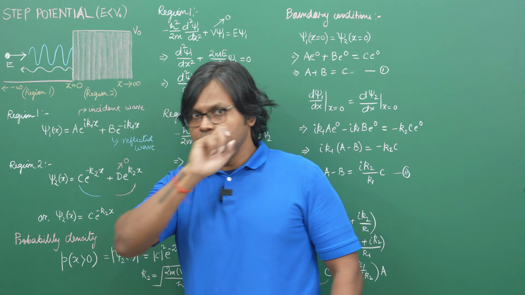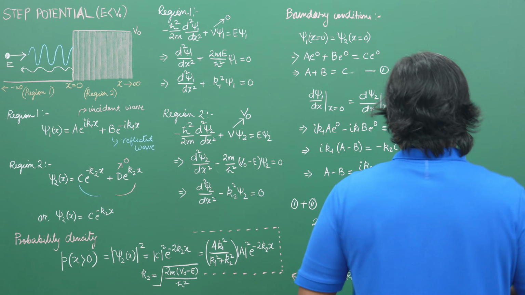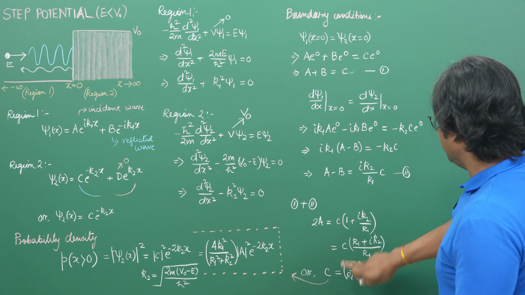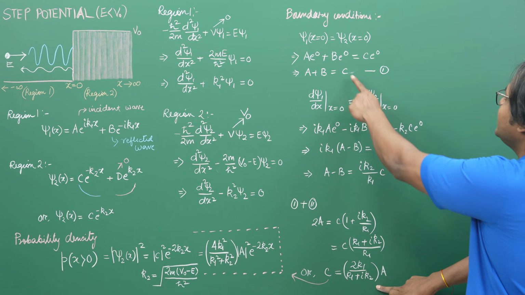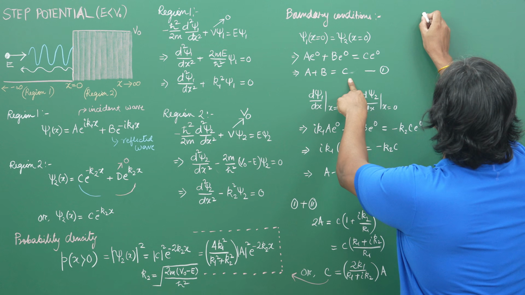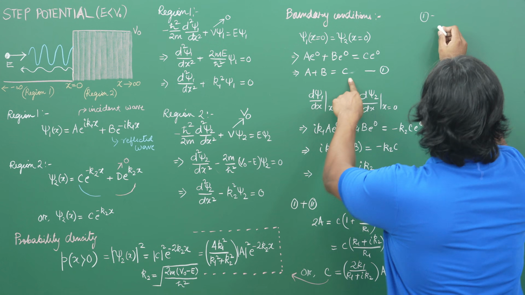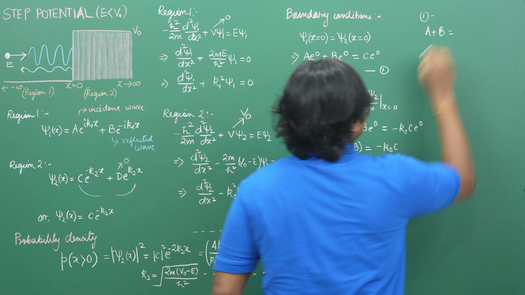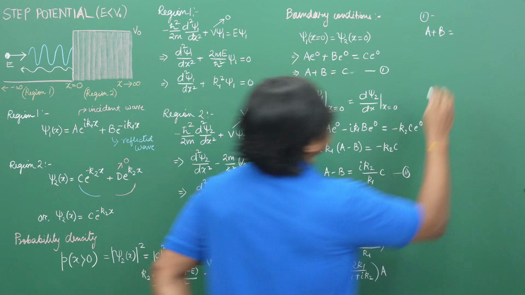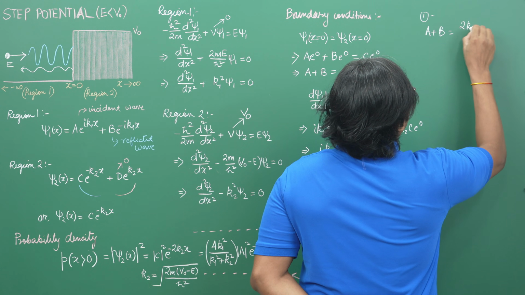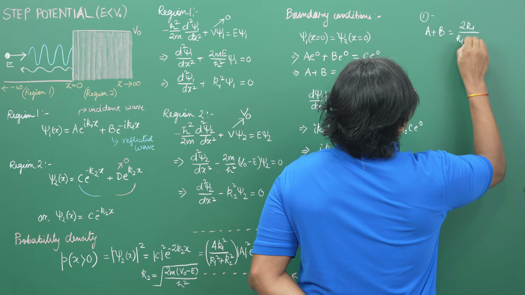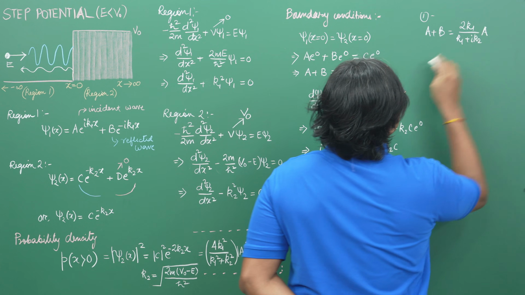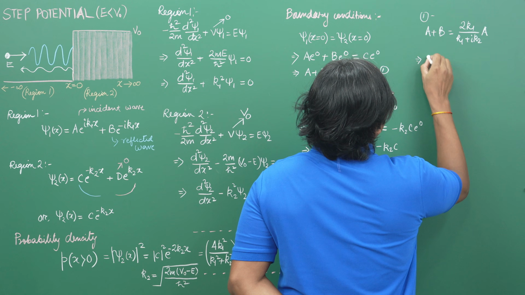And I can show it to you by calculating the reflection coefficient. If I want to calculate the reflection coefficient, what is C here? If I plug C back into this equation, A plus B is equal to C, and C is equal to 2K1 upon K1 plus iota K2 times A. So from here I can figure out what B is.